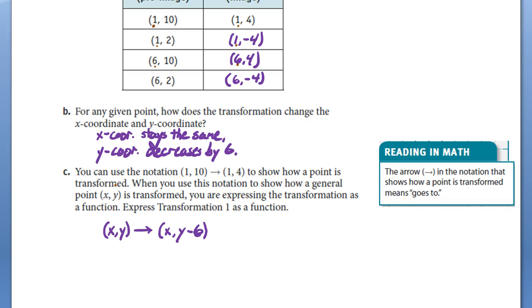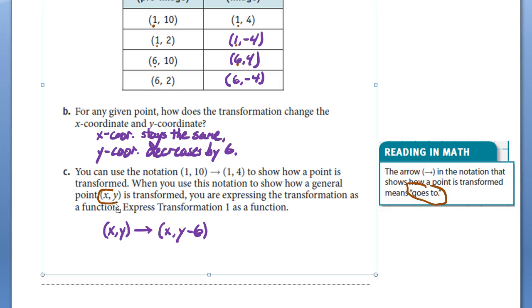Question C. You can use the notation (1, 10) arrow (1, 4) to show how a point is transformed. Notice over here on the side how to read the arrow: "goes to." So let me try that again: (1, 10) goes to (1, 4). When you use this notation to show how a general point, where you're using x and y instead of specific numbers, you are expressing the transformation as a function.